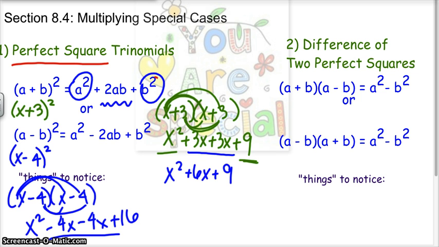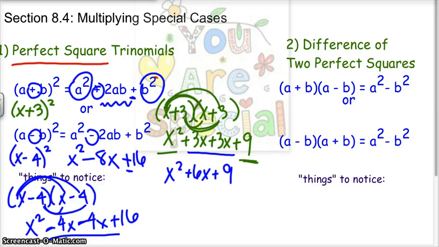So following this example, I have my x squared. Notice the difference? The signs, because I'm taking a negative and I'm subtracting from it, it's a minus 8x, and I have a positive 16. So again, something to notice. Those signs are the same because a positive squared and a negative squared are both a positive.